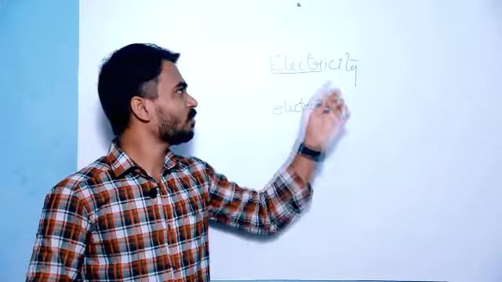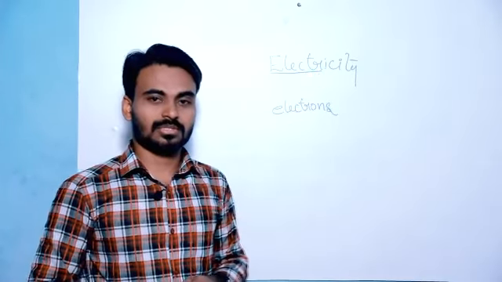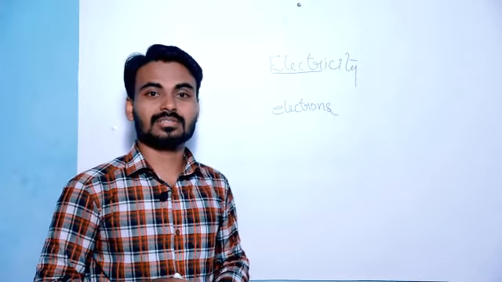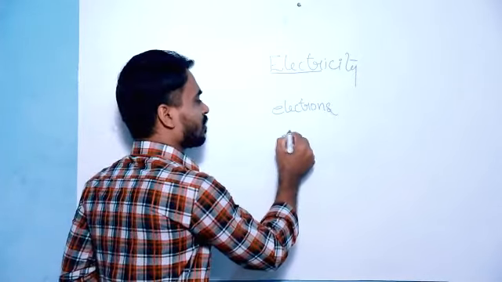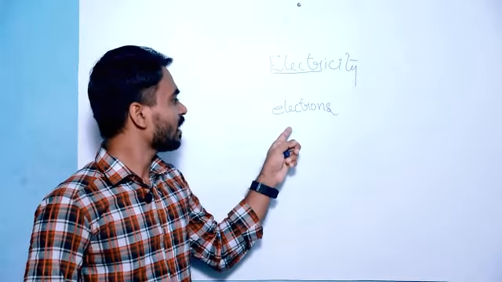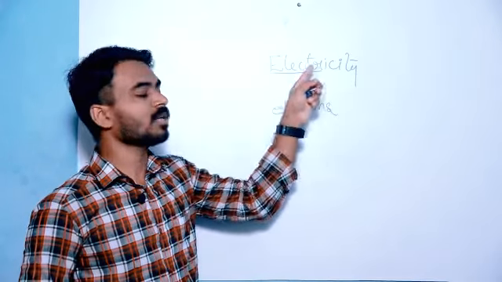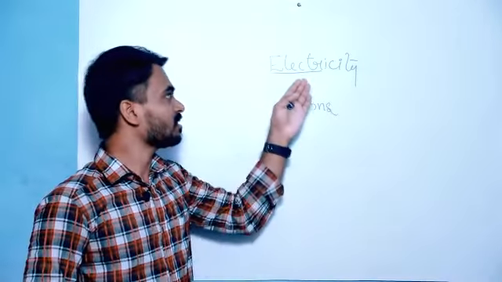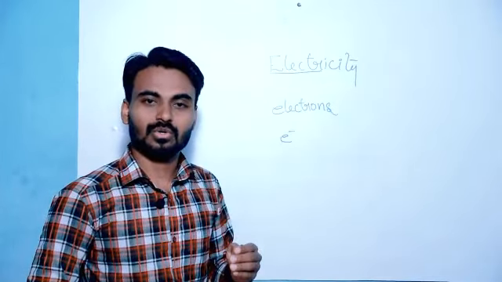So, again we can define electricity as the flow of electrons. What is the charge of electrons? Charge of electron is negative charge, isn't it? So, the negative charged particles, electrons, are flowing to form electricity. Electricity can again be defined as the flow of electrons.